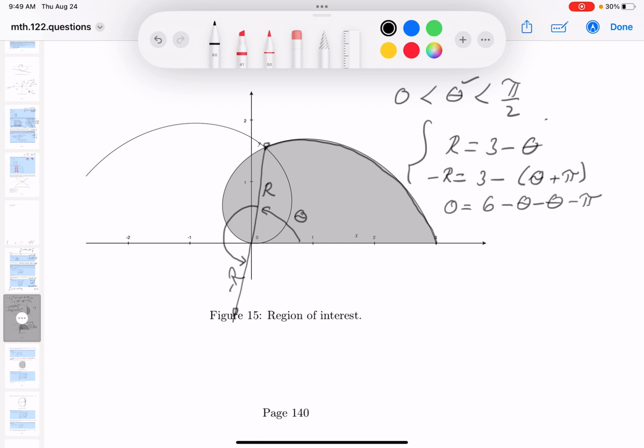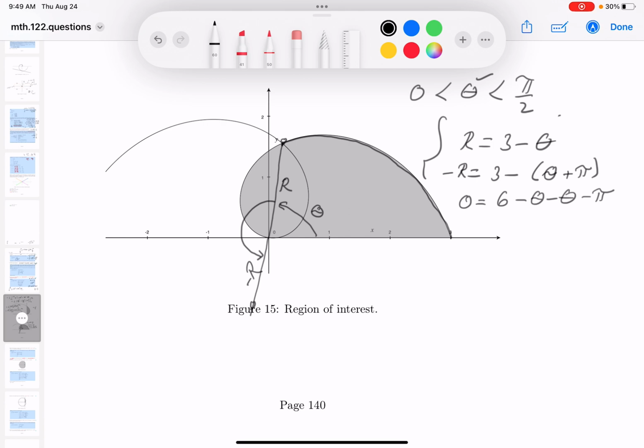I write down 0 equals 6 minus pi, minus 2 theta. I'm going to add the 2 theta to both sides, and I get 2 theta equals 6 minus pi, and theta would be 6 minus pi over 2.